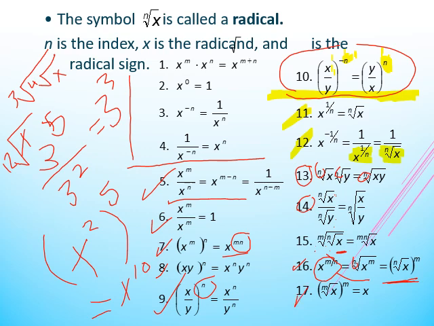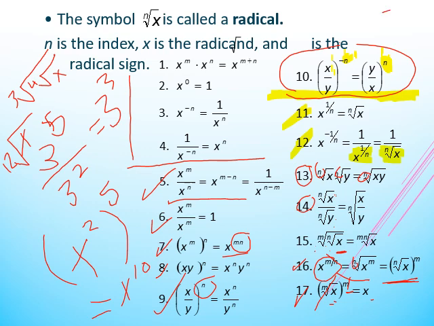Finally, the final rule for the radicals, which is very important and can simplify many exercises for us, and we can use it in many solutions, is if we have a radical index with the same power, they cancel each other and the base remains.